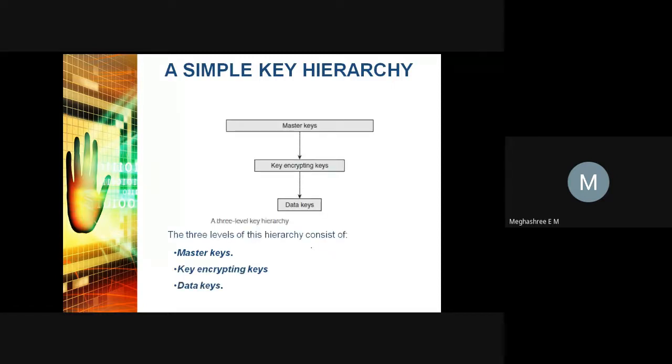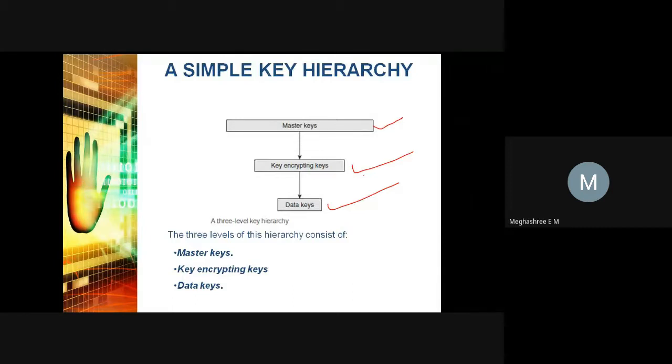So consider this example where you can see a simple key hierarchy mechanism where three levels are followed. Here you can see the first level is master key, the next level is key encrypting keys, and the third level is data keys. And again, this key hierarchy helps in managing symmetric keys. This is the simple example given in your syllabus.